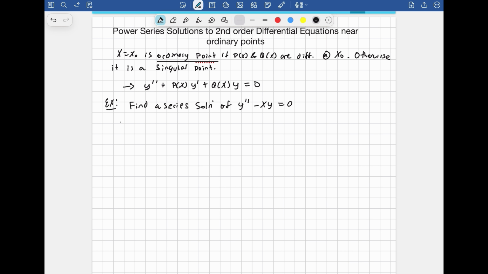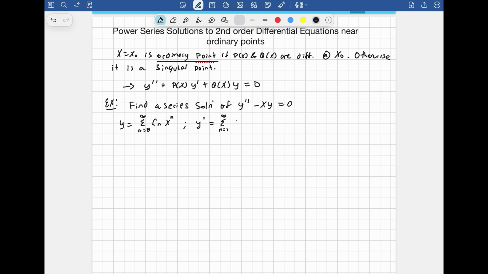Anyways, we are always going to start with the assumptions that I'm writing out at the moment. We are going to assume that y is a sum of n from 0 to infinity, c n x to the n, and then we are going to derive this twice.